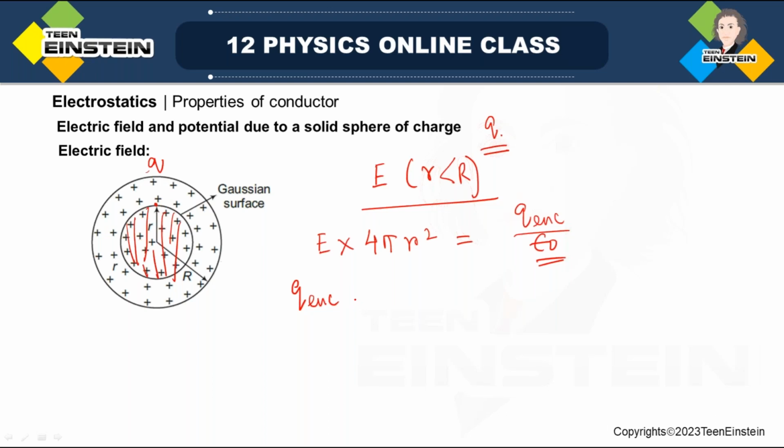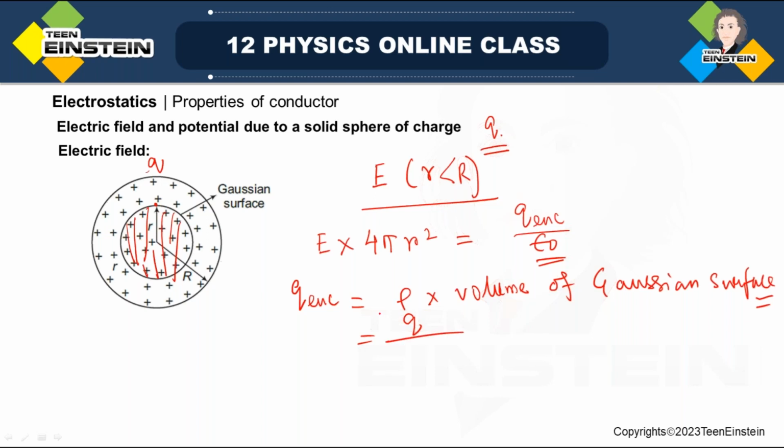How to find that? First of all, we can find rho, the charge density, into the volume of the Gaussian surface. So what is rho? Rho is the total charge, that is Q, divided by the volume of the whole sphere, that is 4 by 3 pi capital R cube.